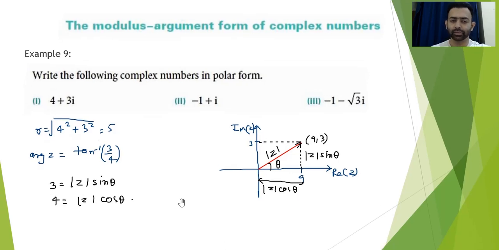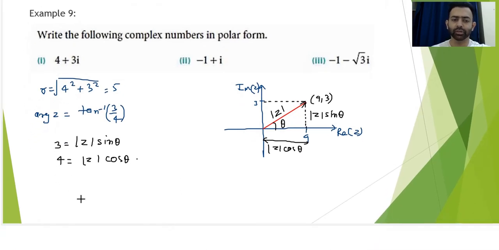And since the original complex number is 4 plus 3i, I write z as 4 plus 3i, and now replace the values 4 and 3 by mod z cos theta and mod z sin theta, right? So basically writing the numbers 3 and 4 in terms of theta and the magnitude, which is 5. Here I am representing r as mod z, so mod z is 5.